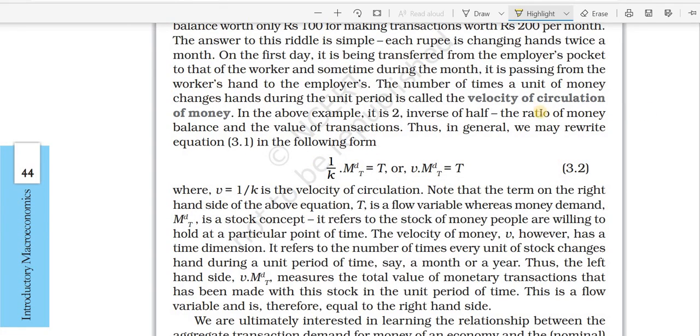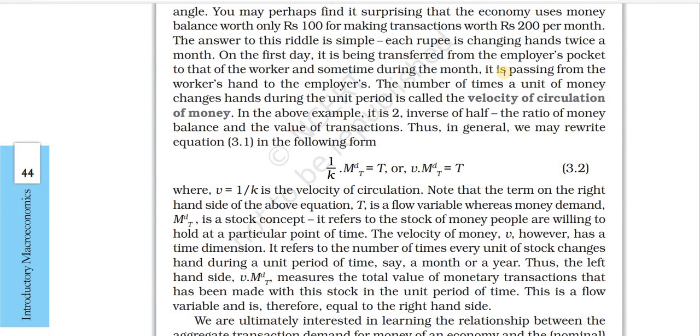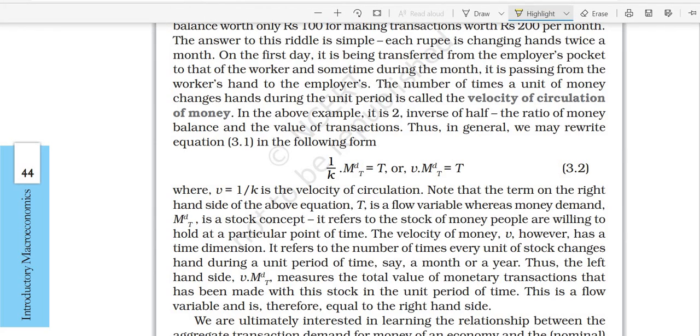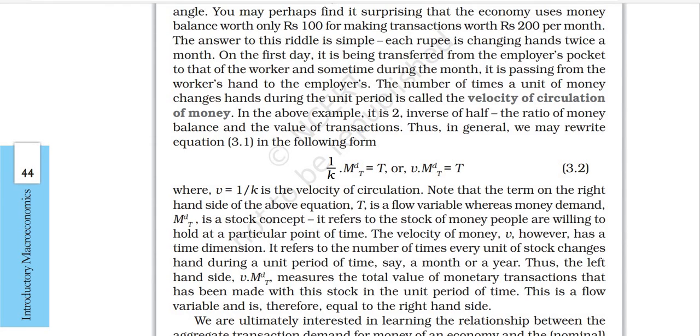Then here you can see the velocity of money. The number of times a unit of money changes hands during the unit period is called velocity of circulation. Means how many times this money changes hands. That one is the velocity of circulation.